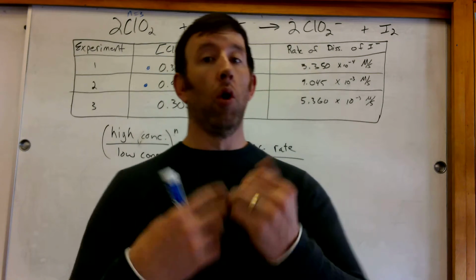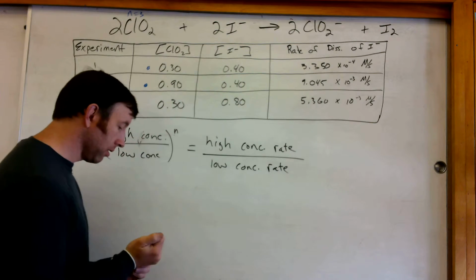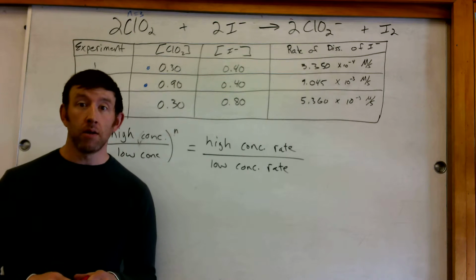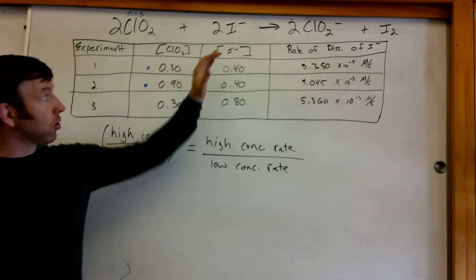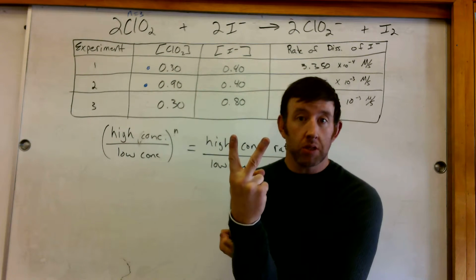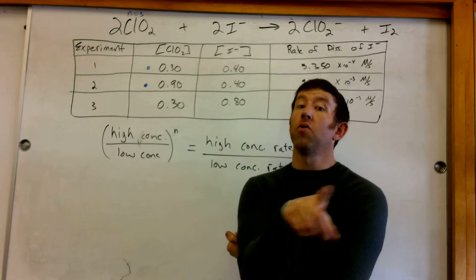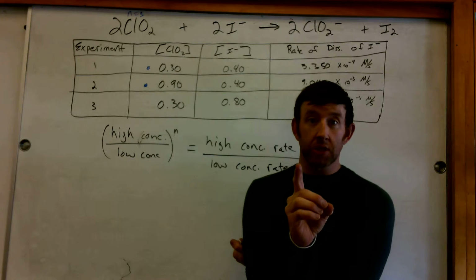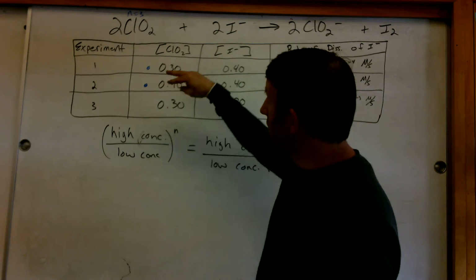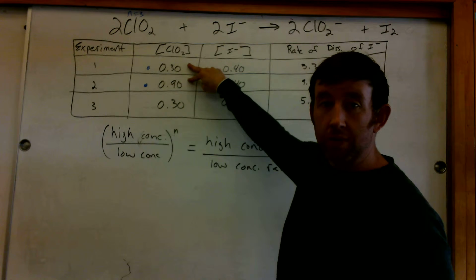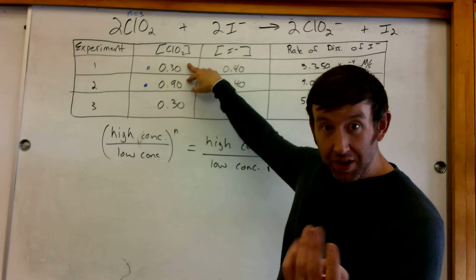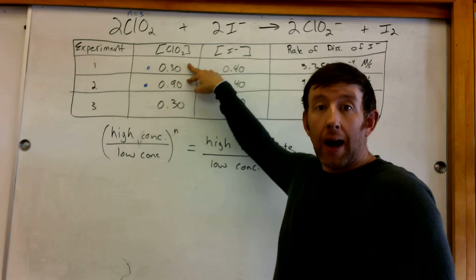Okay, so go to B. We need to look at iodine on the table. So we're going to go through the iodine values, and again, we need to pick 2 experiments to compare, where the only thing that changes is the iodine value this time. So we've already identified that experiments 1 and 2 work for chlorine dioxide, which means they will not work for iodine.